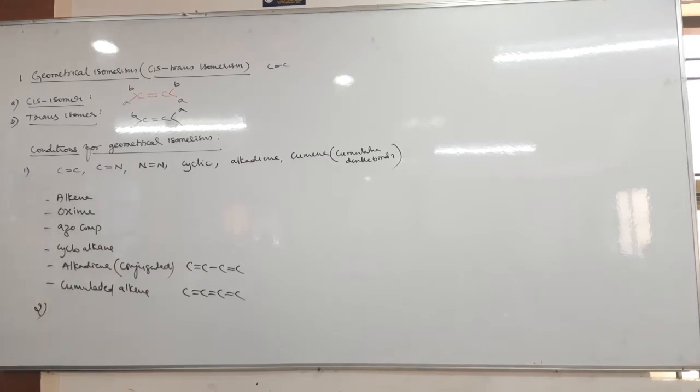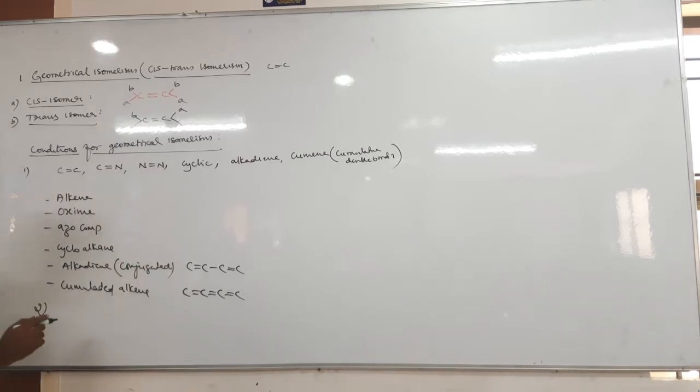Second. Can all these molecules exhibit geometrical isomerism? No. There is another condition. If there is a double bond, each double bonded carbon must have two different groups.